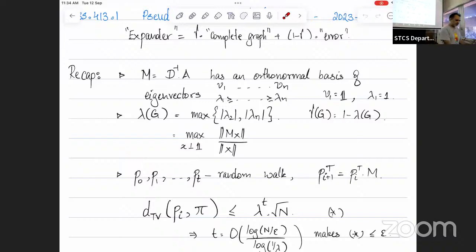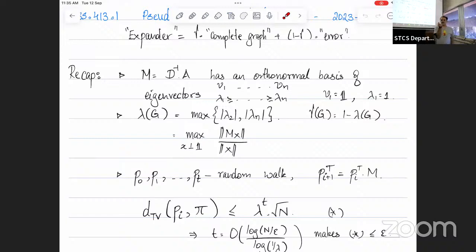The radius of the ball is whatever is largest in absolute value among the two extremes, lambda 2 or lambda n. We called this lambda, and the spectral gap was basically 1 minus lambda.